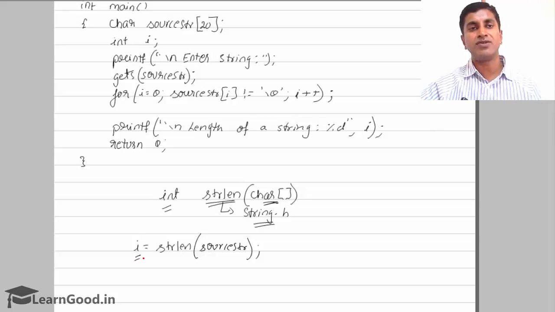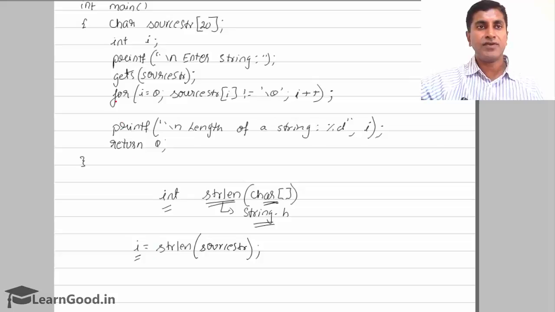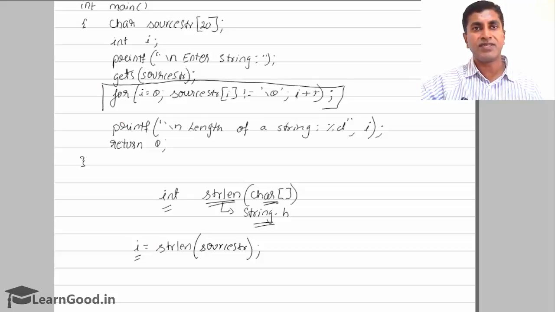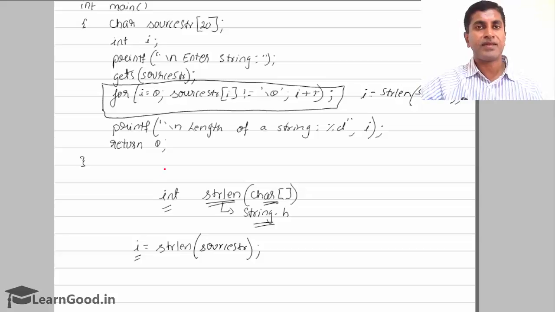So the i value is going to be 4. So instead of using the for statement here, you can also use that library function by giving i is equals to strlen of source str. Fine, let's see the output of both the programs, without the library function and with the library function.